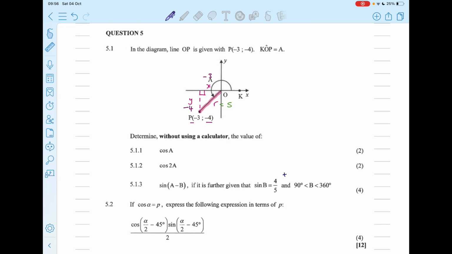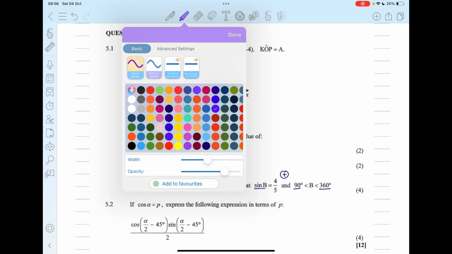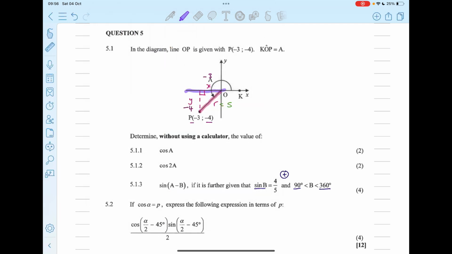Sine B is positive, so we need a quadrant between 90 degrees and 360 degrees where sine is positive. Sine is only positive in the first 2 quadrants, quadrant 1 and quadrant 2. So our only option is that B is in quadrant 2.